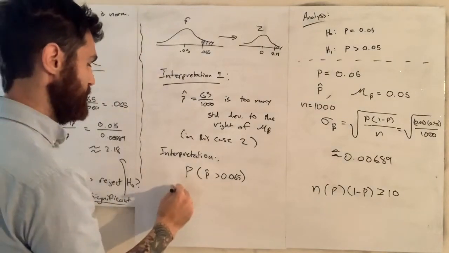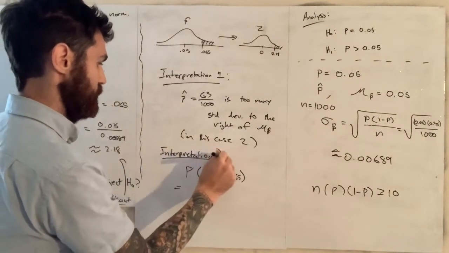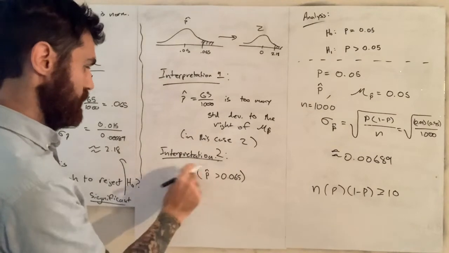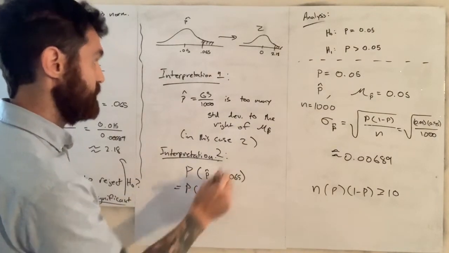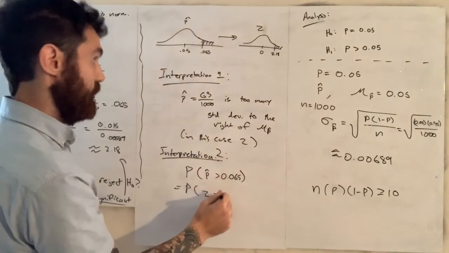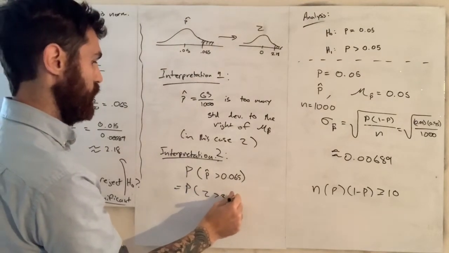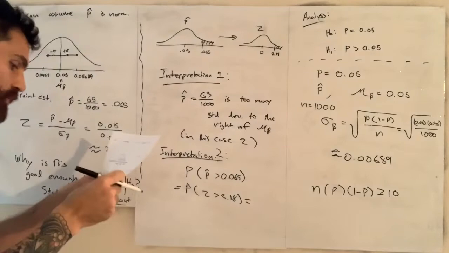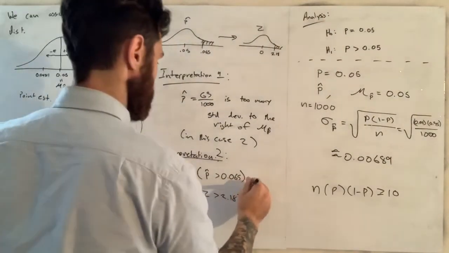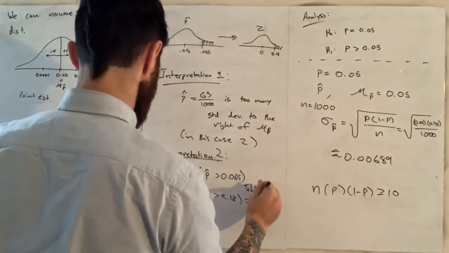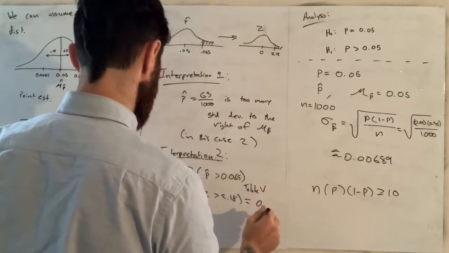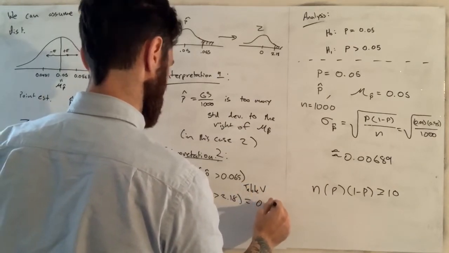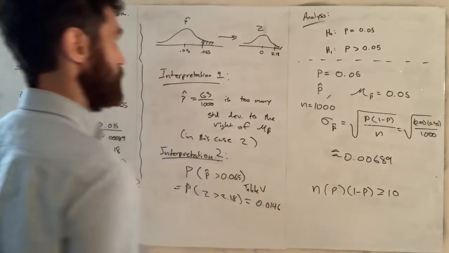And that's going to be the same as, so this is the second interpretation, as the probability that the z-score we get is above 2.18. And if you go and you look at table 5, you'll find that this is 0.0146.